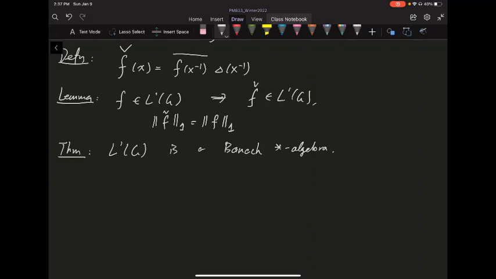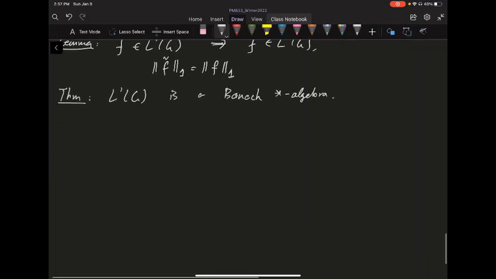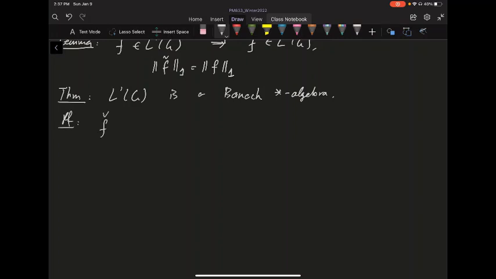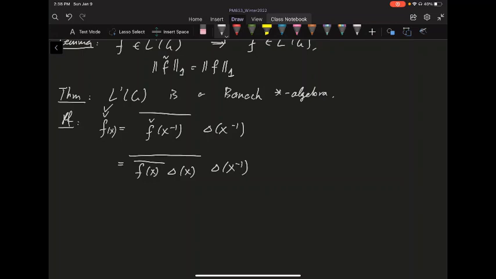We already saw it's a Banach algebra from last video, so let's prove it's a star algebra. First, I take any function f and do the double check. By definition, evaluating at x, this is the f check evaluated at x inverse, conjugated, multiplied by the modular function at x inverse. Doing the same for the f check at x inverse gives f of x conjugate, times the modular function of x, the whole thing conjugated, multiplied by the modular function of x inverse.